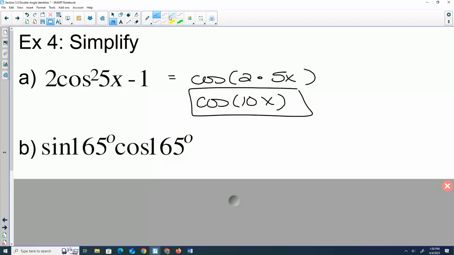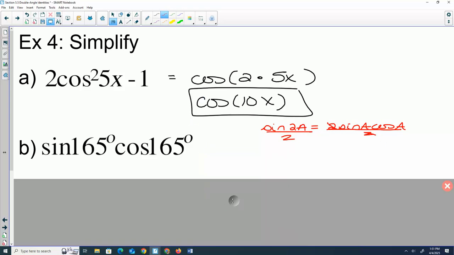When I look at this one, it is very similar to the sine 2a formula. The only difference is, what is it missing? It doesn't have the 2. So think about the formula. If you didn't want the 2, you would divide it over, right?